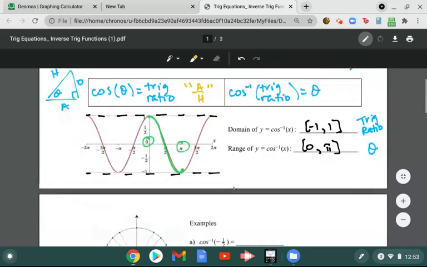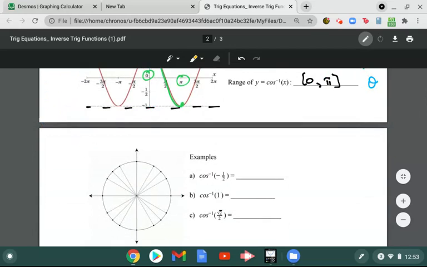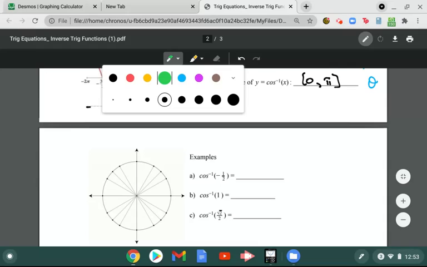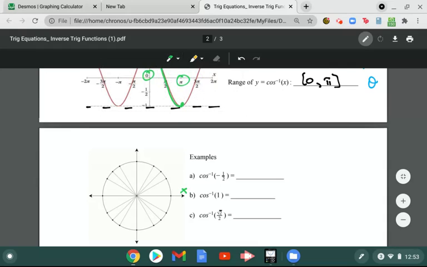Again, I think this is easier to remember on the unit circle. Cosines refer to x's, my x-axis here. So if I go positive x to negative x, I also, in terms of angle measures, get my range. So I'm only ever going to get angles between 0 and pi when I apply a cosine inverse.